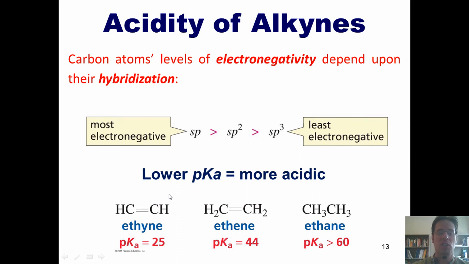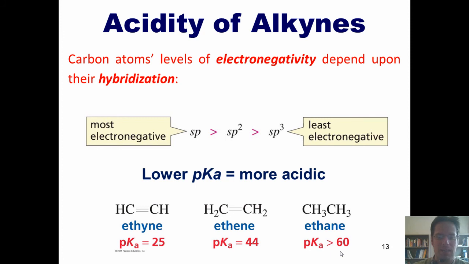alkyne, are somewhat acidic. By comparison, the protons bonded to the sp2 hybridized carbons in an alkene have pKa values of 44. Protons that are bonded to sp3 hybridized carbons, as in alkanes, have pKa values above 60. What in the world does that mean?